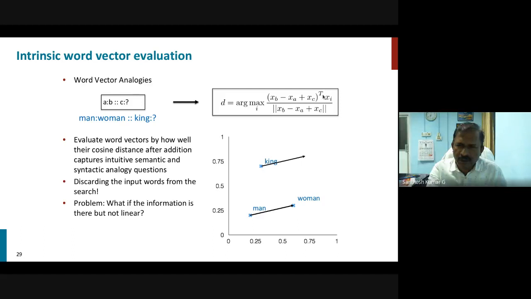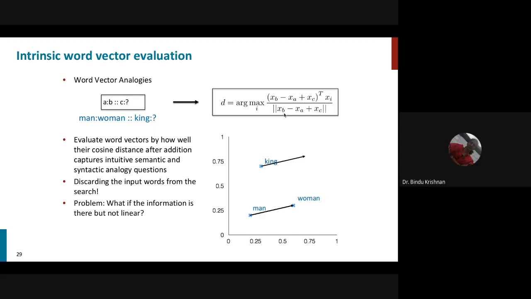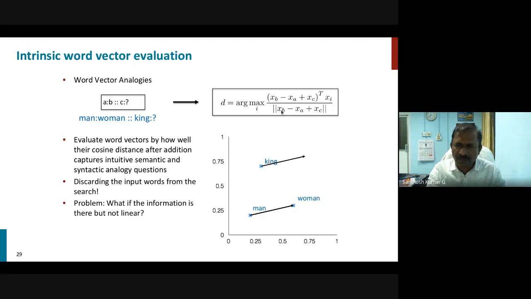The transpose is basically to represent the vector in column format or row format. This is column format, so you are multiplying it and dividing by the square root of the sum of squares of this.